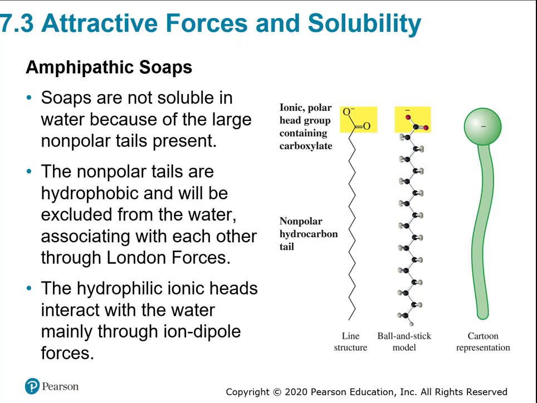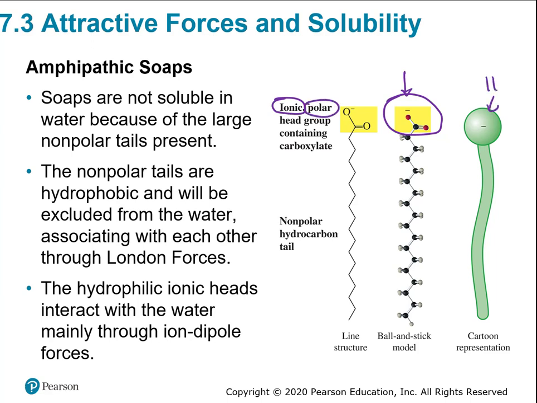So here is the little diagram they use. This one gives you the ball and stick model of a soap molecule. Notice over on this end, we have two oxygens, which definitely give that dipole, but one of those oxygens is charged. So not only does it have that polar characteristic, it's also got an ionic characteristic. So we have an ionic polar head.